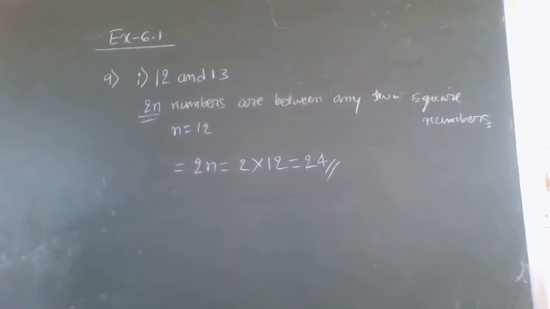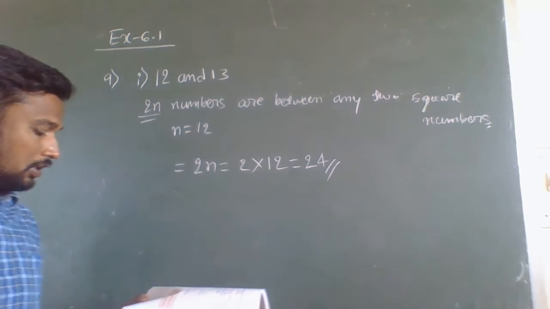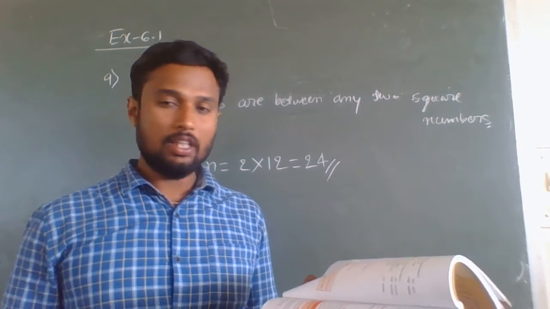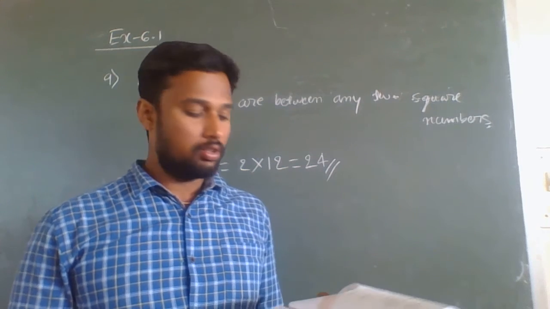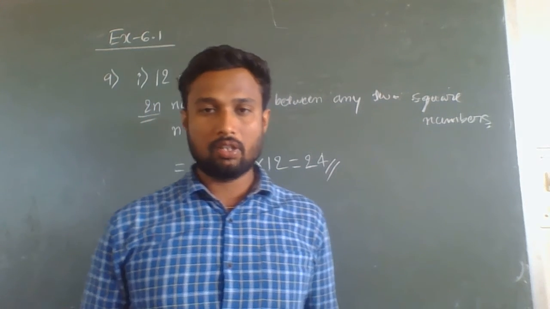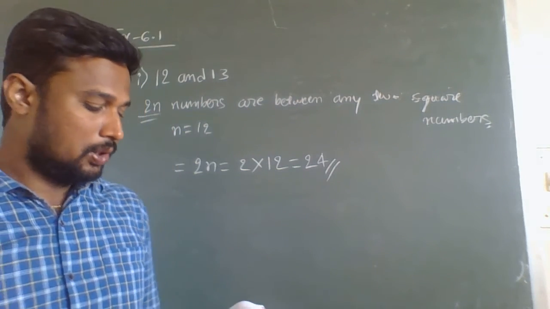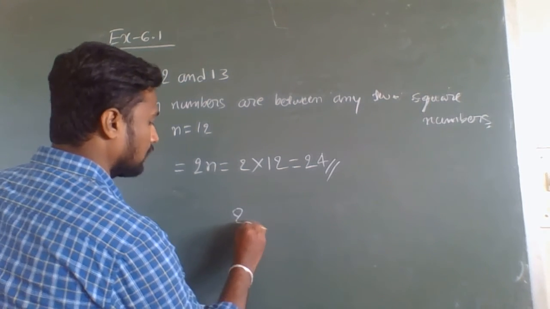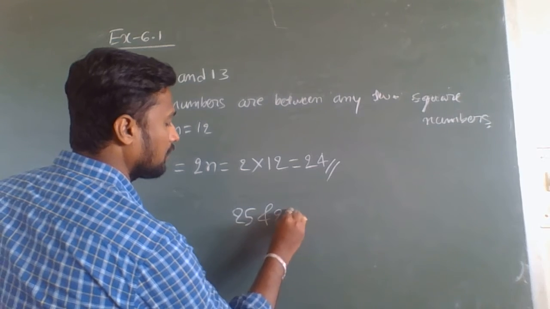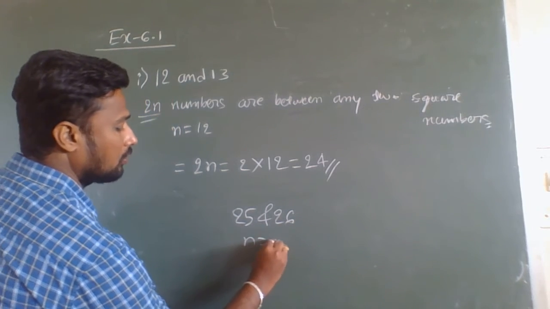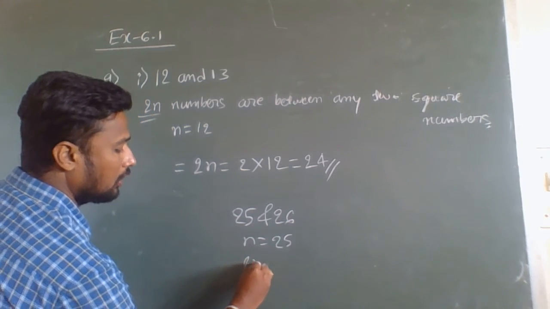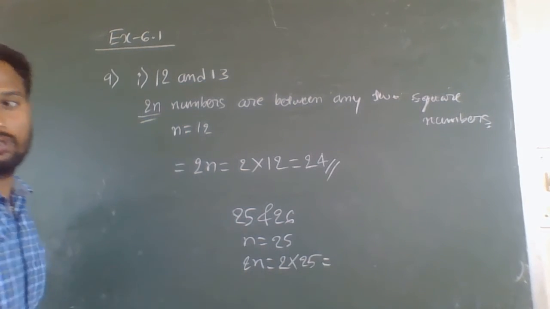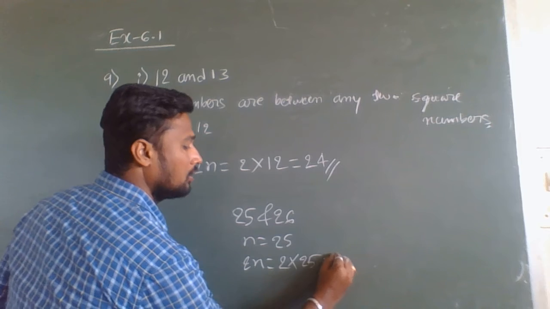Okay, like this only, they have given in the second question 25 and 26. Here, what is the n value in 25 and 26? 25 is the n value. 2n means 2 into 25, which is 50.